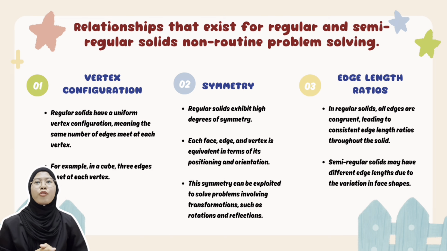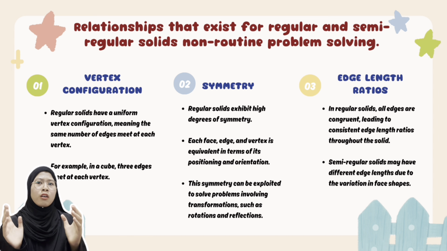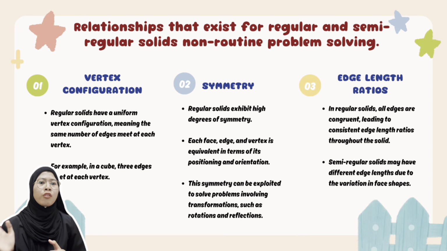After that, we move to the relationships that exist in regular and semi-regular solids in non-routine problem solving. Non-routine problem solving involving regular and semi-regular solids often delves into their unique properties and characteristics.